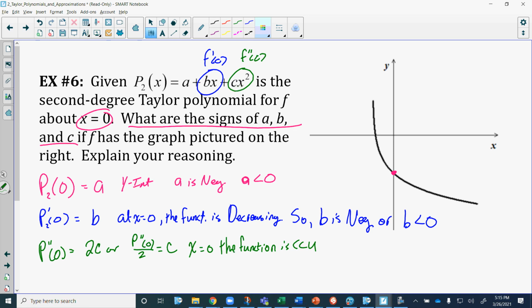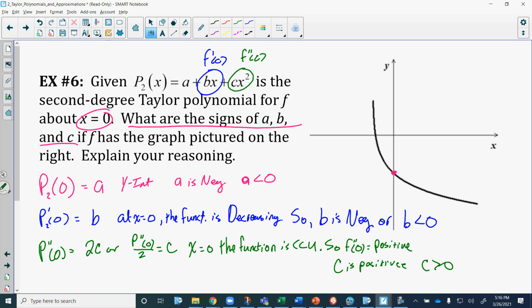Because the function is concave up, if it's concave up, then that means the output of the second derivative at that point is positive. And that's based on the second derivative test. So that means c must be positive. Or you can say that c is greater than 0, whichever method you prefer.